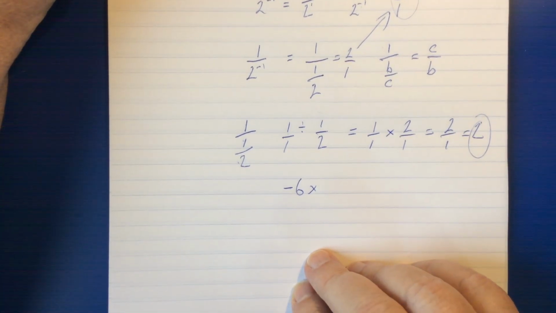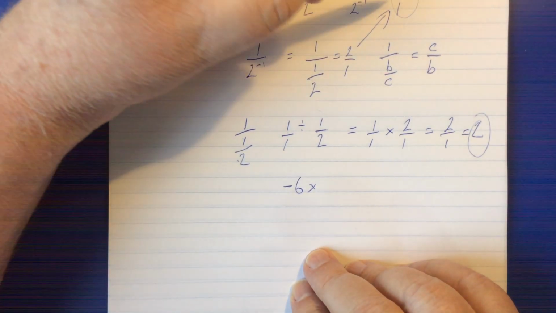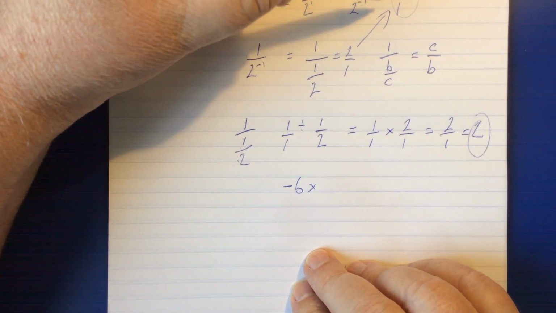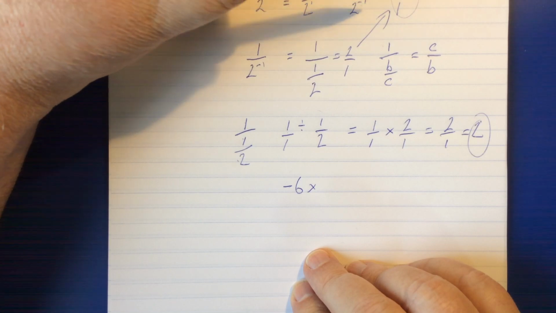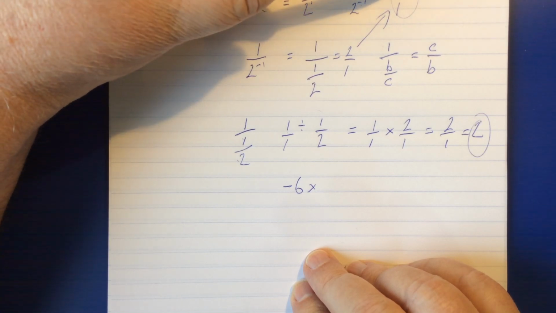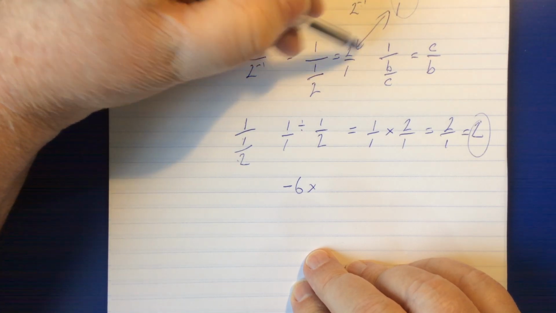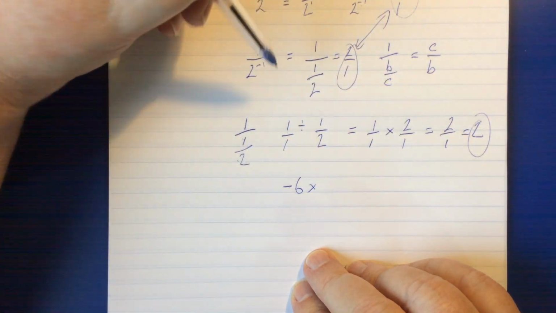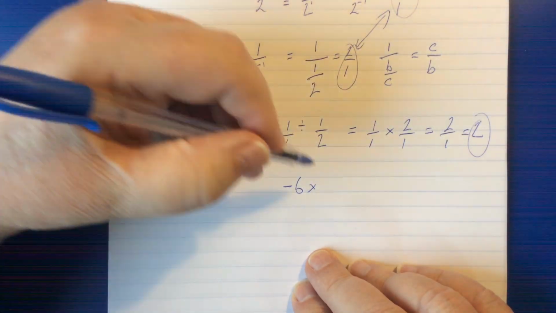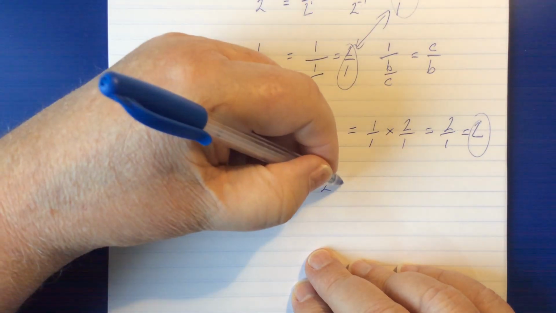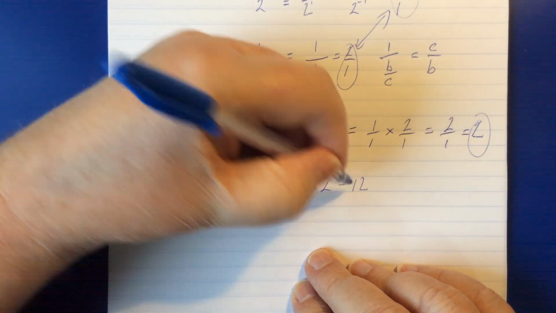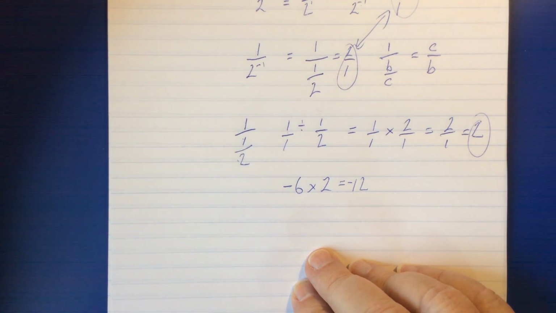We know what negative 6 over 1 equals. That's really simple. We worked out using a couple of ways that 1 over 2 to the negative 1 is equal to 2. You see it here, you see it here, and you see it here. Several ways of doing this. And now we just have to figure out what that equals, and the answer is negative 12. That's really it.